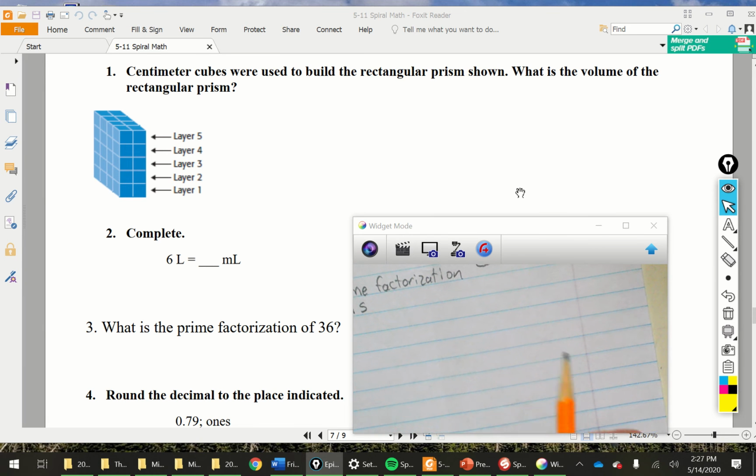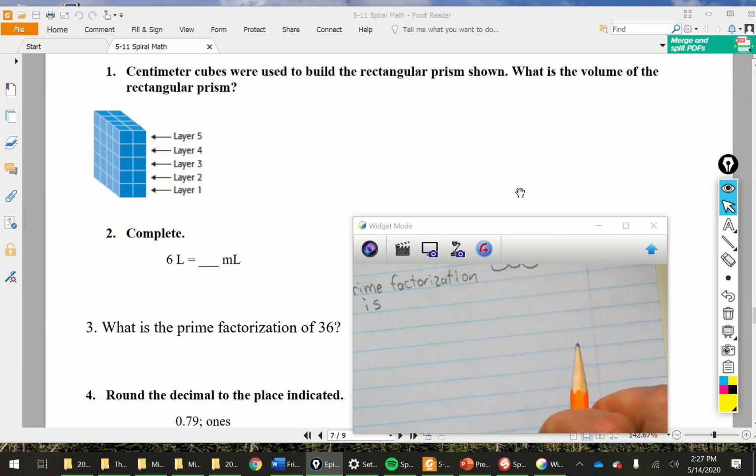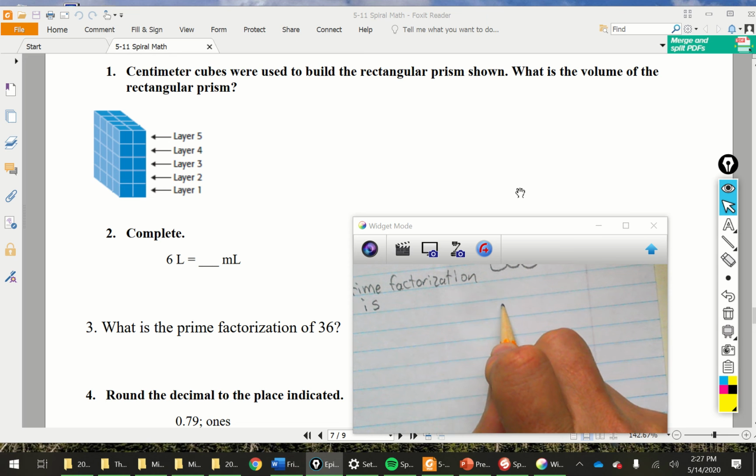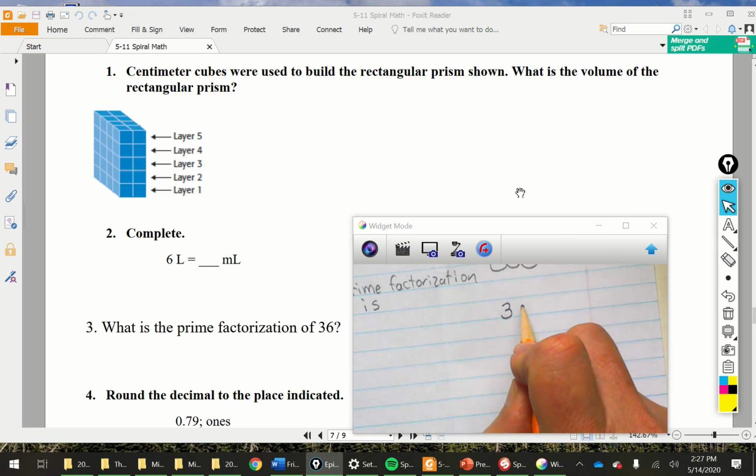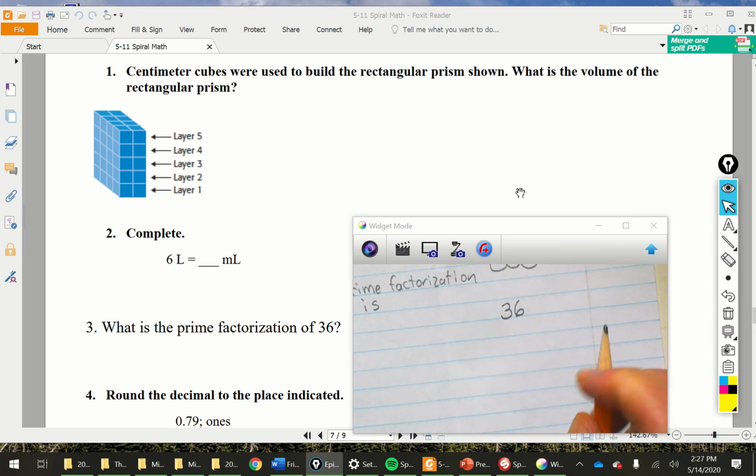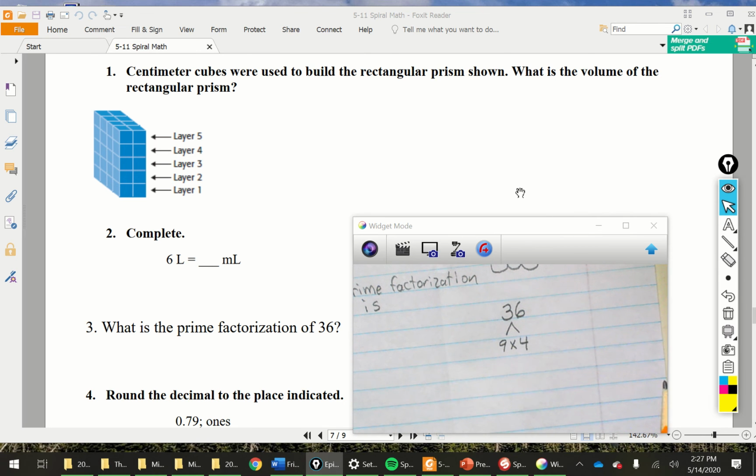I'll go over here and I will write out the factor tree. I'll start off with 36, and I can pick any two numbers to begin with that make 36. The first one I thought of off the top of my head was 9 times 4. It really doesn't matter which two numbers you use as long as they multiply up to get 36.